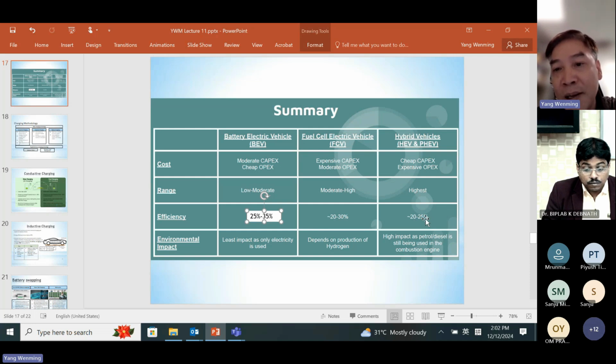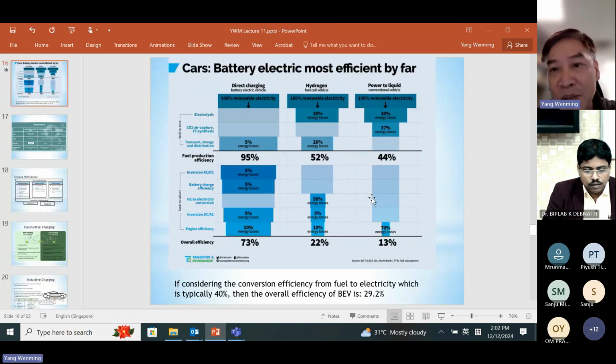The overall efficiency is still higher, which means less CO2 will be produced. However, if you compare with the pure SE engine, the traditional SE engine vehicles, the overall efficiency is only 30%.